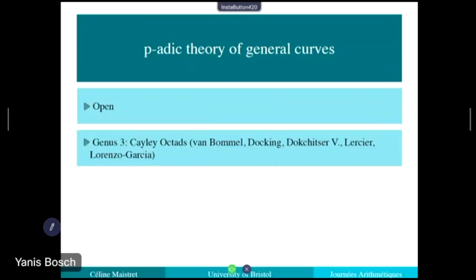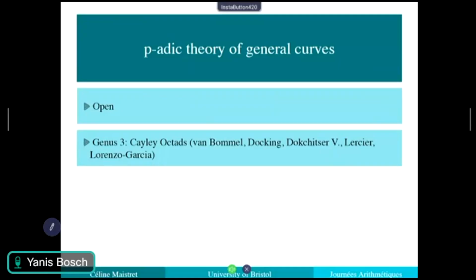But I should mention some work on genus 3 by Van Bommel, Docking, Dockschitzer, Lercier, and Lorenzo Garcia. So here, what they chose to look at was not the roots, because there is no such a thing. They look at non-hyperelliptic genus 3, but they've conjectured that there exists an equivalent classes of bitangents of the genus 3 curves, which can be the equivalent of the roots of the hyperelliptic curve.